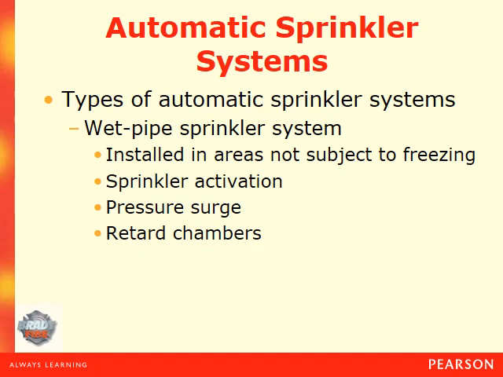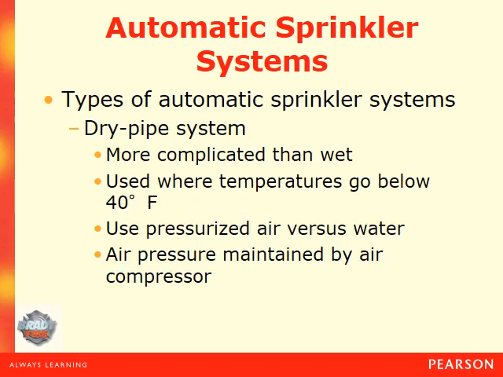Like your standpipes, your automatic sprinkler systems can be wet or dry. Wet pipe systems are installed in areas not subjected to freezing. Sprinkler activation, pressure surge, and retard chambers are all present. A dry pipe system is more complicated than the wet pipe.